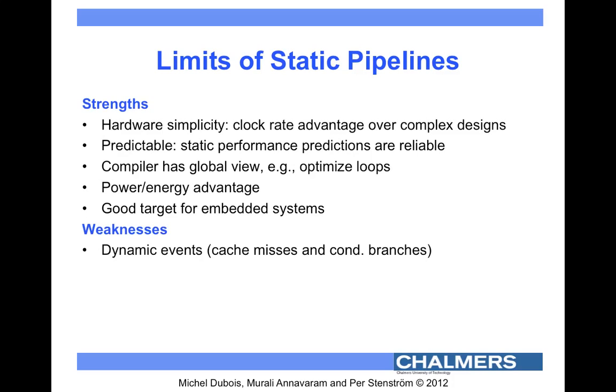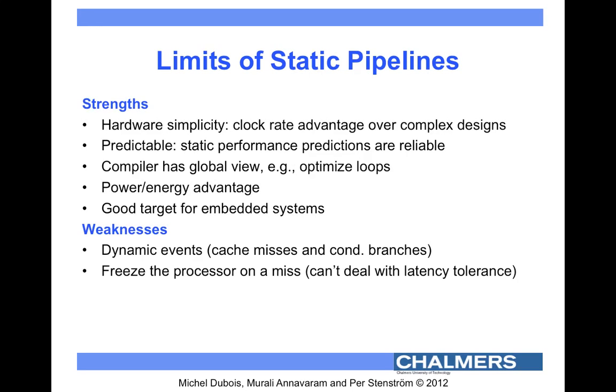Now for the weaknesses, the problem with giving the responsibility to the compiler to do code scheduling is that it may eventually turn out to be inefficient, because there are dynamic events which happen when we execute the code that will change the rules of the game, so to say, and those are cache misses and conditional branches, which will add new stall cycles that the compiler didn't assume, and it will freeze the processor on a miss, which cannot deal with latency tolerance.